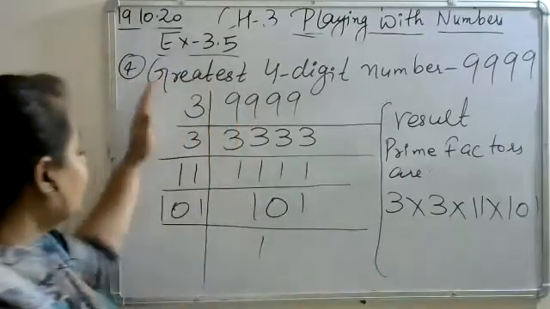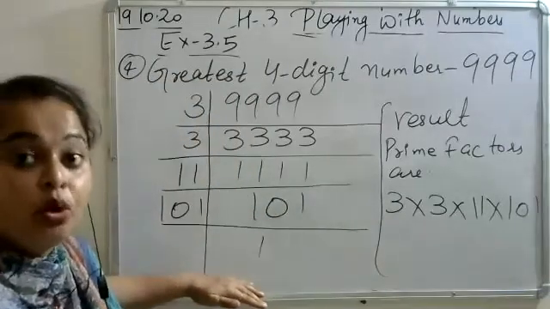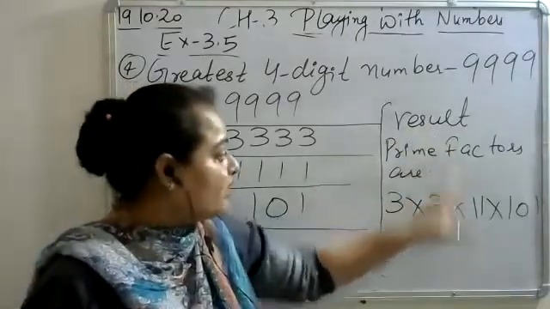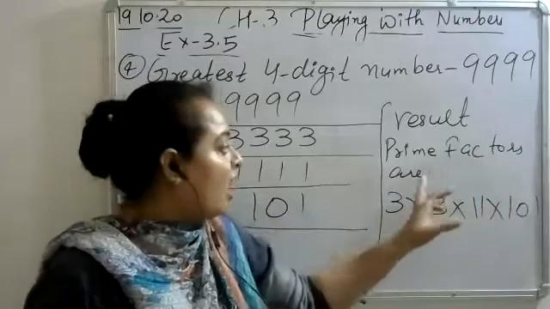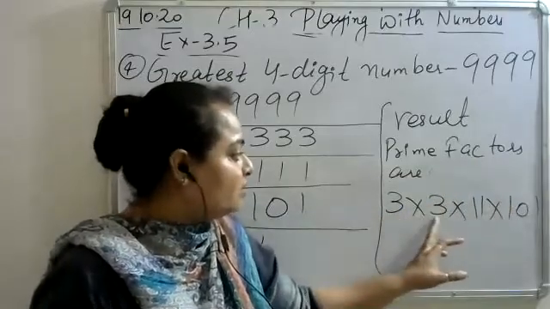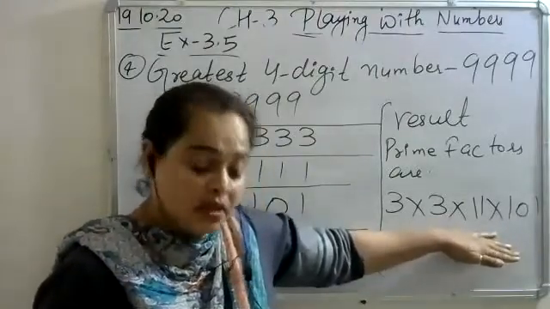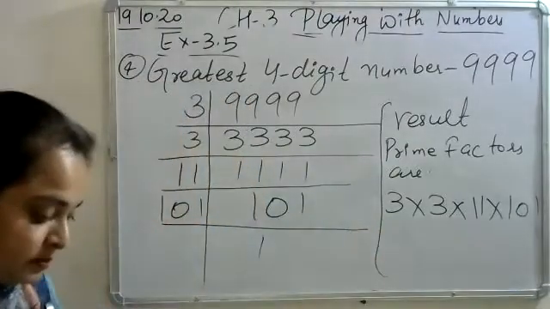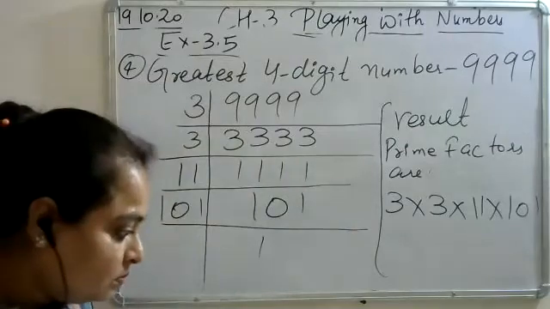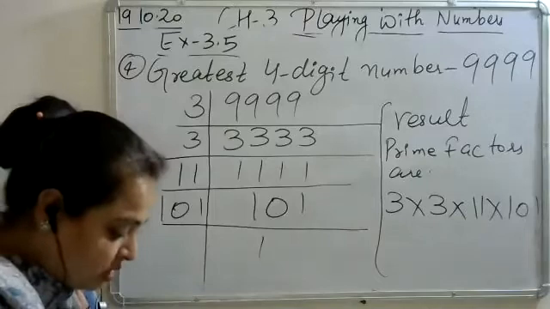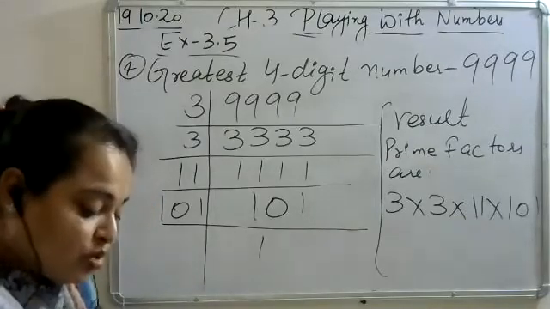You will not just find the factors and finish your sum. In the end, write down the result. Prime factors are 3 multiply 3 multiply 11 multiply 101. This is very, very important. Now write down. After that, come to the sixth question. Fifth question is your homework.